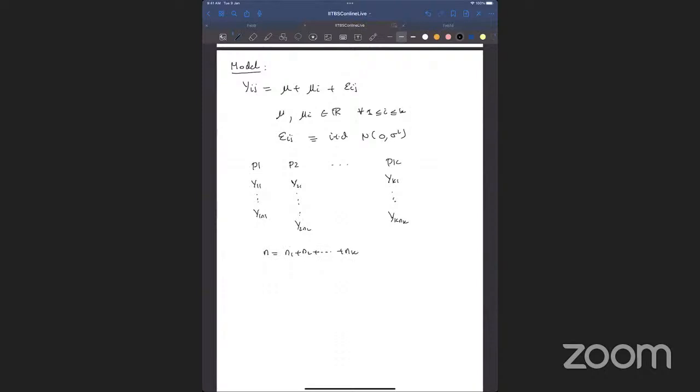So then the question I asked you was, can I estimate mu? Is this possible? I have two real numbers, mu and mu_i. Can I estimate them? Or can I estimate mu plus mu_i? Let me write the questions down. Can we estimate mu?